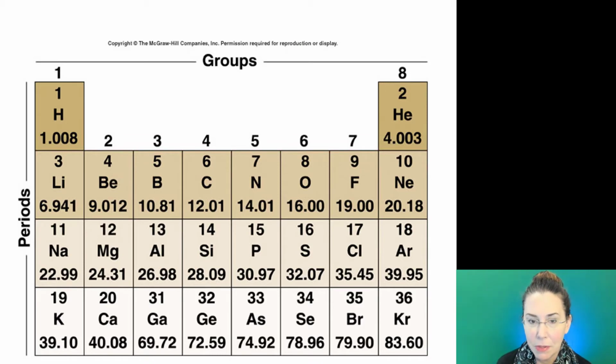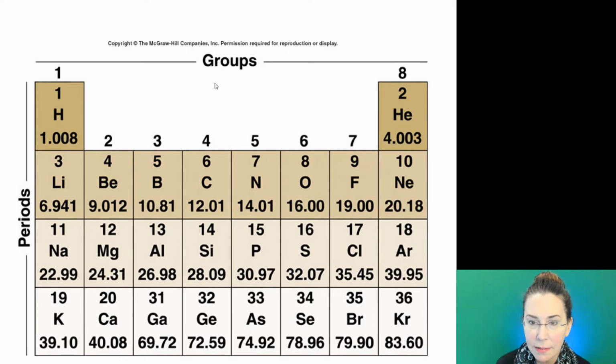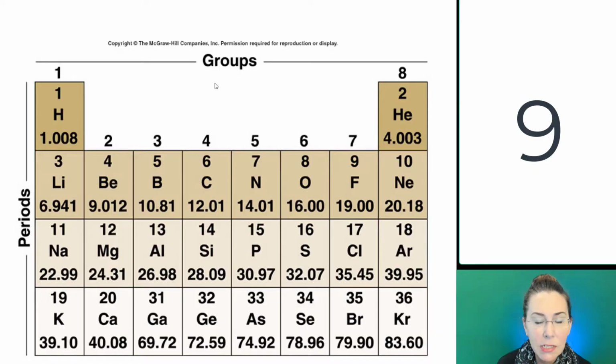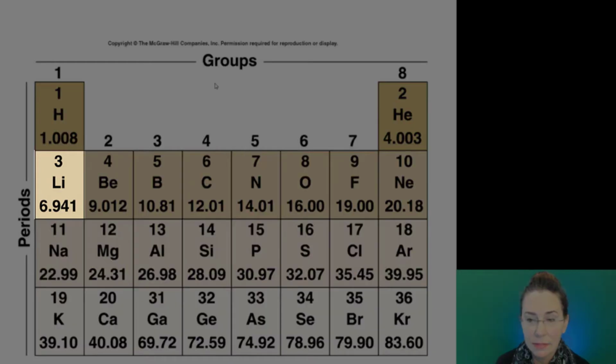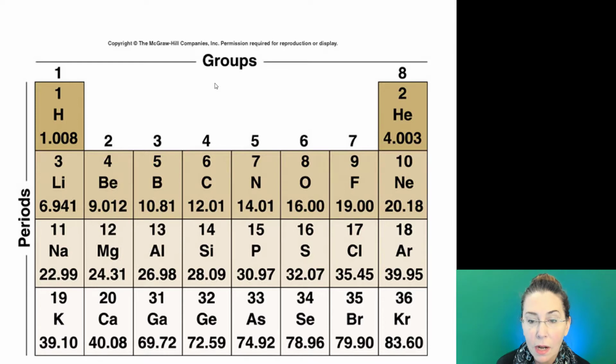Here in this example of a periodic table, our atomic numbers are above the symbols for each element. For example, here with carbon, we have an atomic number of 6. What's the atomic number for fluorine, whose symbol is F? What's the atomic number for lithium, whose symbol is Li? What's the atomic number for oxygen?